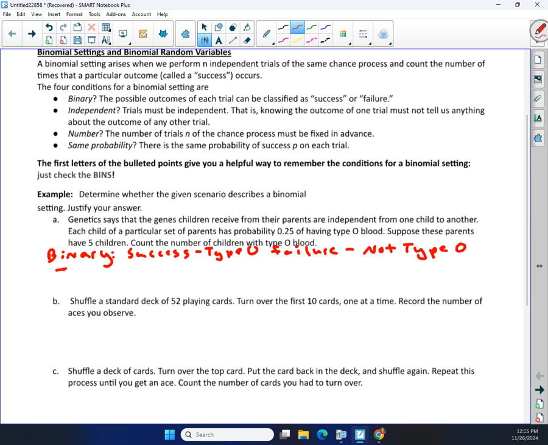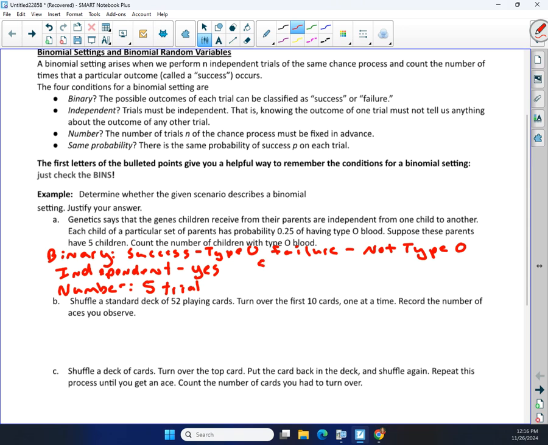Independent, are they independent? And they are, yes. Whatever the first child is should not affect what the second child is. N, number of trials, and there are 5 because, suppose these parents have 5 children, so each child is a different trial.